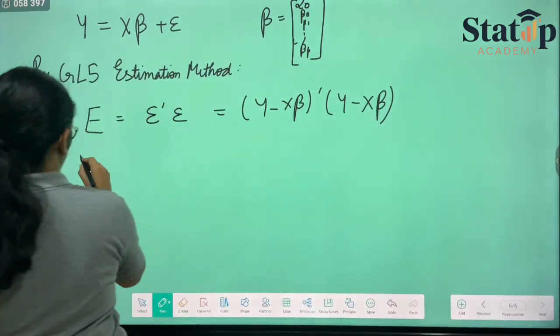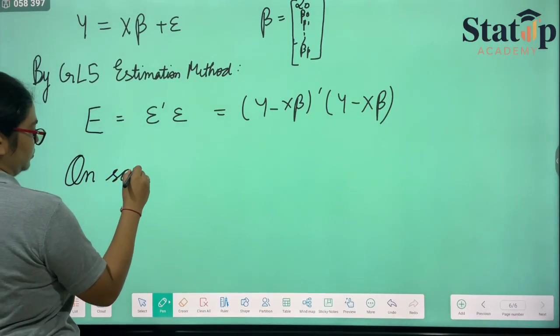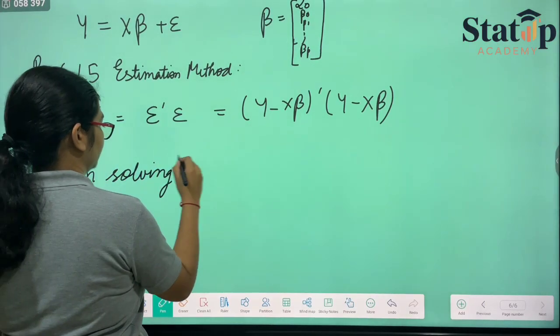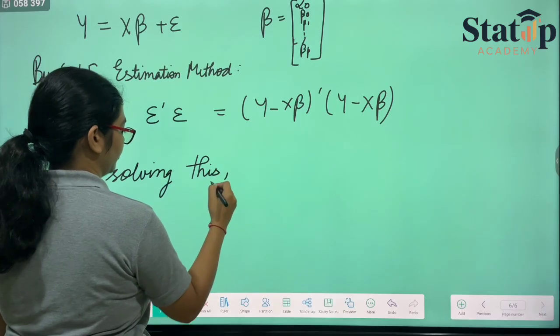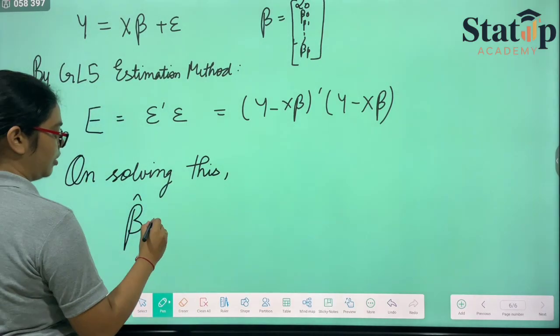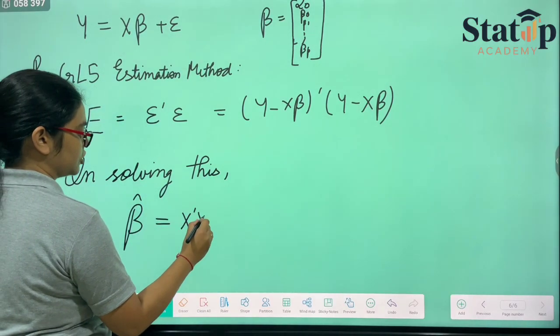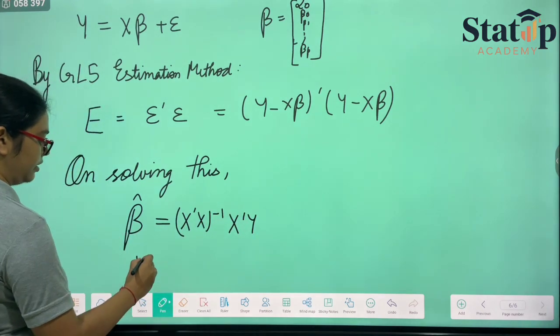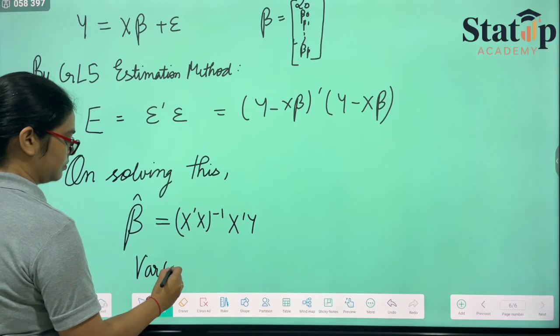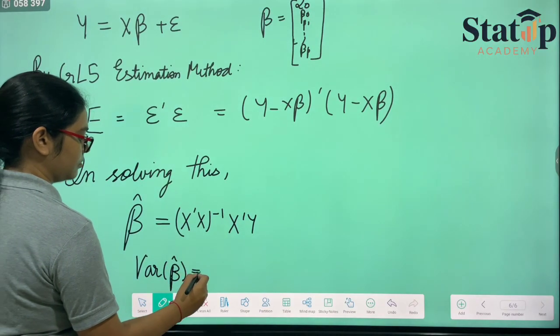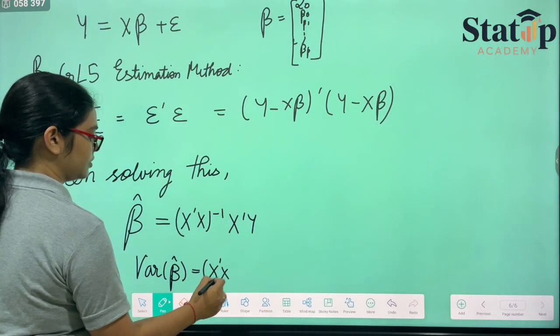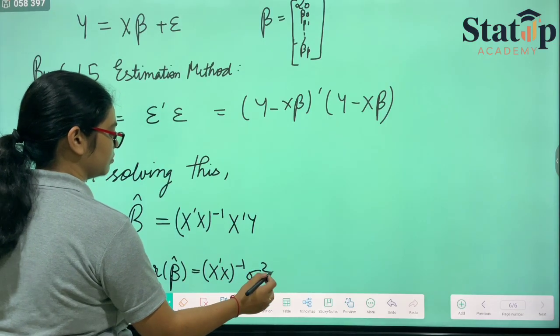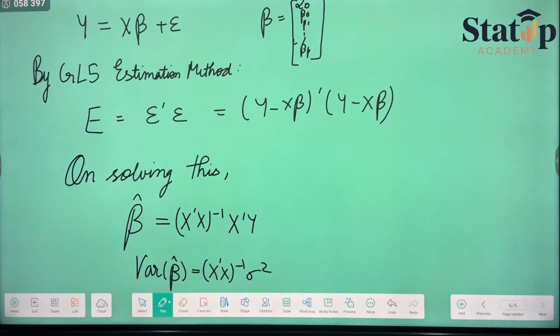And again on solving this, we will get beta cap, our estimate, as (x dash x) inverse x dash y, and variance of beta cap as (x dash x) inverse sigma square. We will get the same terms and hence we have solved our distributed lag model.